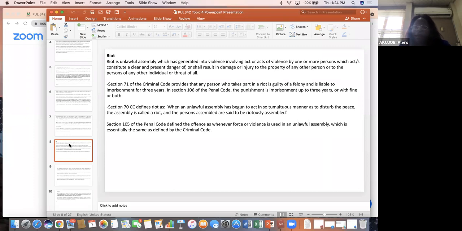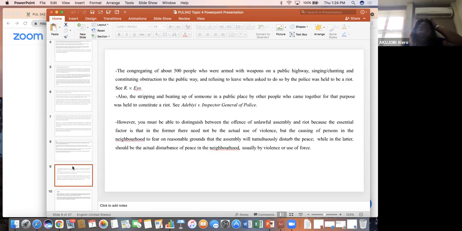So we can see that it's an aggravated form of unlawful assembly. Section 105 of the Penal Code defines the offense as whenever force or violence is used in an unlawful assembly, which is essentially the same as that defined by the Criminal Code. So in the end, the two codes are in line, with the same definition for the offense of riot.